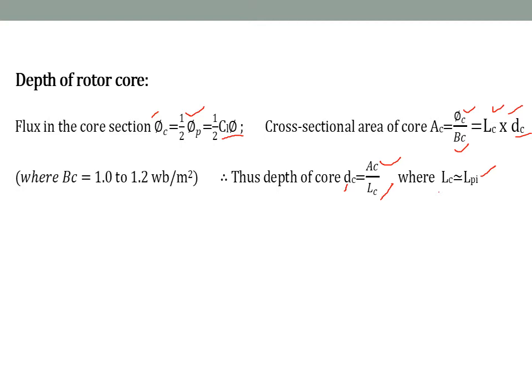While calculating DC we have to assume BC as 1.0 to 1.2 Weber per meter square. Assume this. Once you calculate AC, this we know. So LC we can calculate using this equation, and DC can be obtained using this equation. That is the depth of the pole.